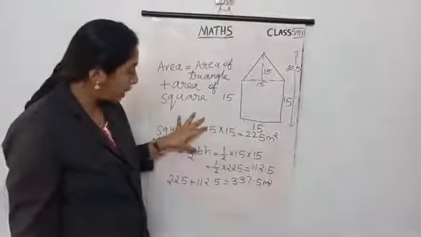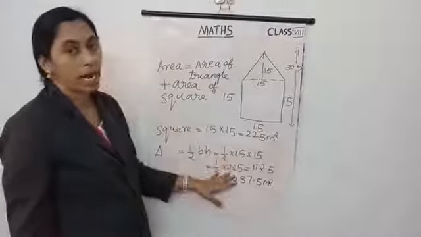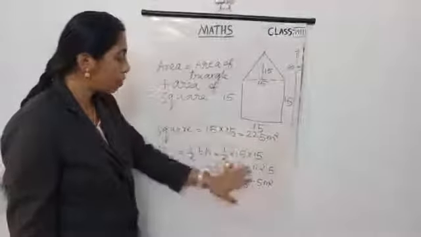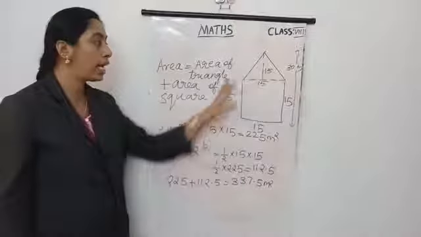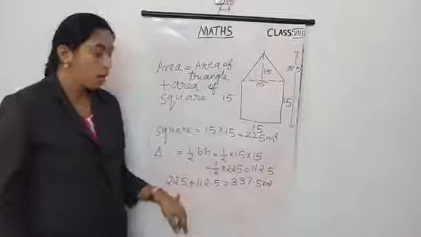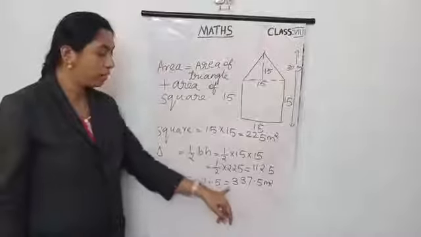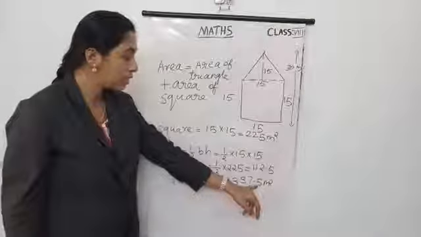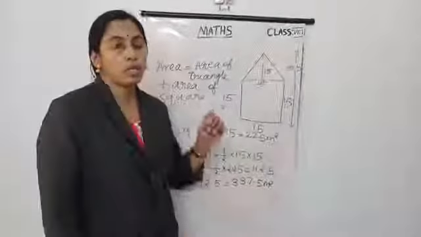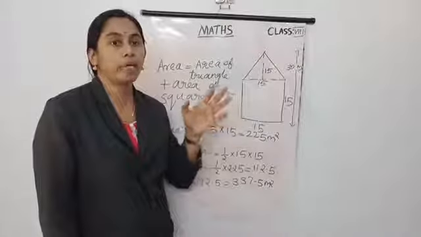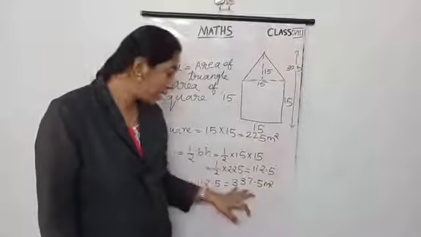So we get area of square and area of triangle. Now we add both areas, we get the total area of this figure. That is 225 plus 112.5 is equal to 337.5 meter square. So according to Jyoti's diagram and Kavita's diagram, we get the same area.